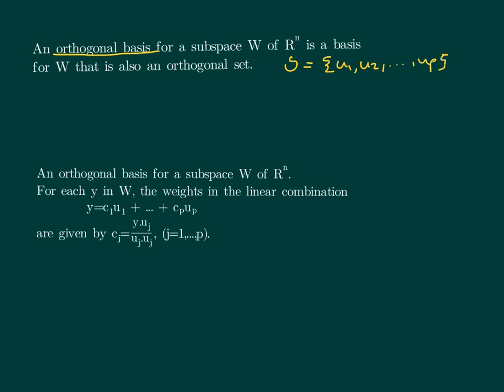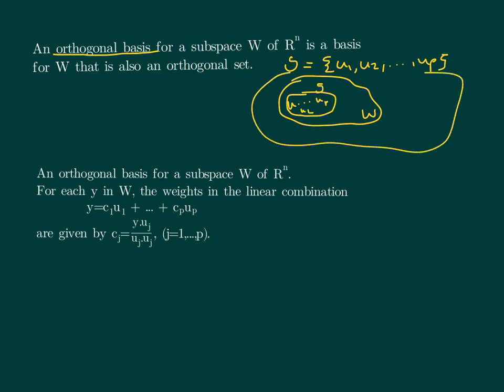Here's our S, a small set, and they span a larger set W. We found out that if they are orthogonal and they span W, then the orthogonality gives us that they're linearly independent, and so they are a basis for W. And again, this is part of our bigger Rn.